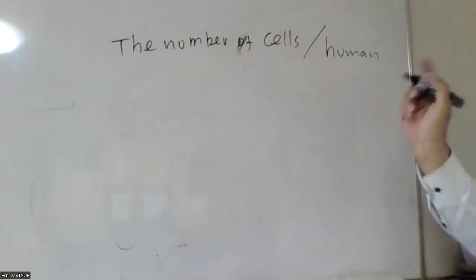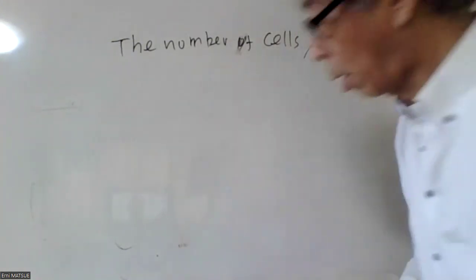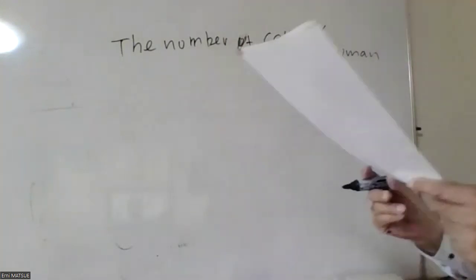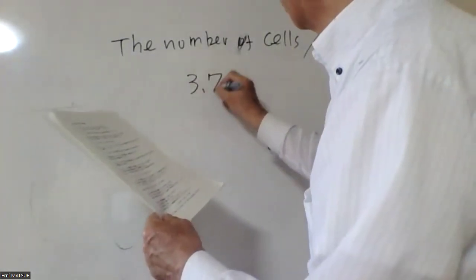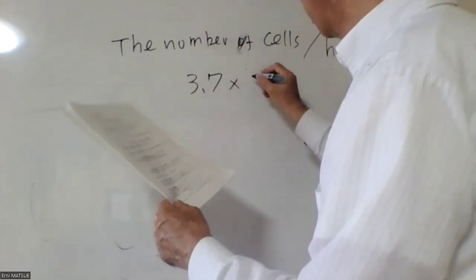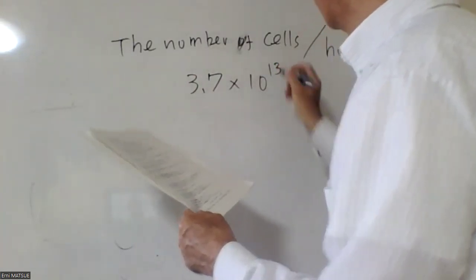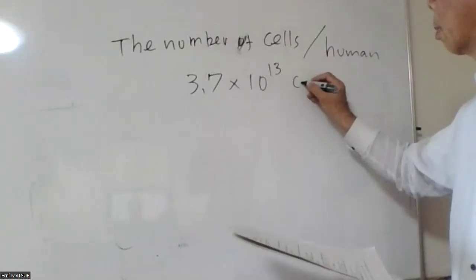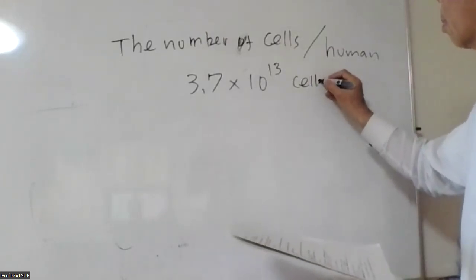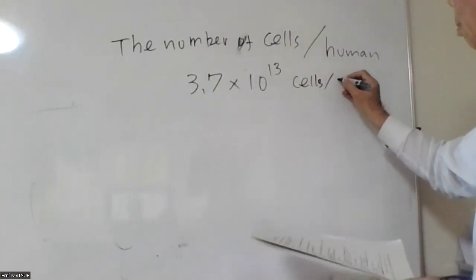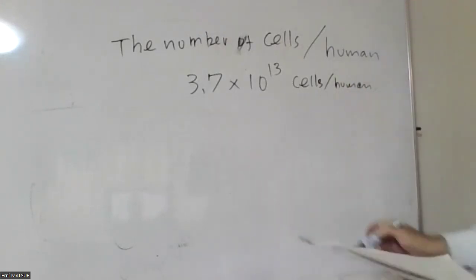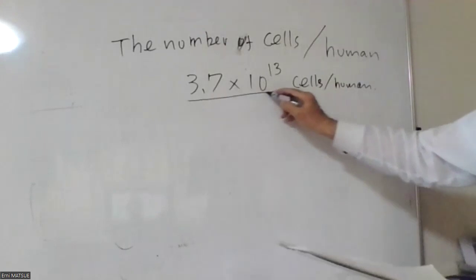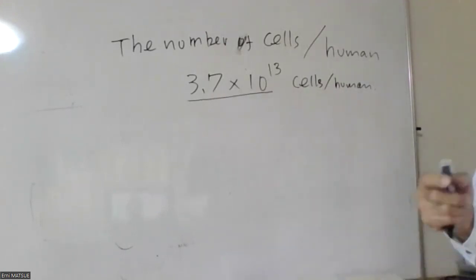The number of cells per human is a very large number.